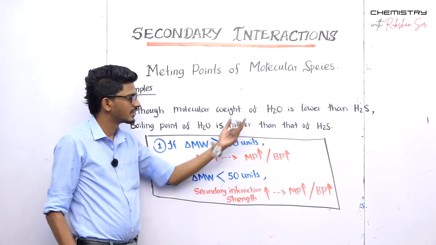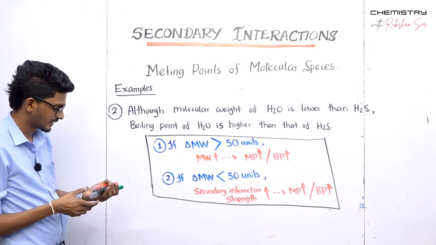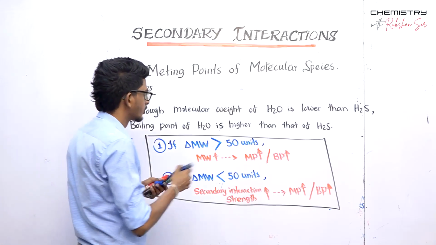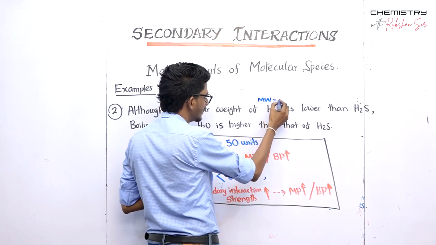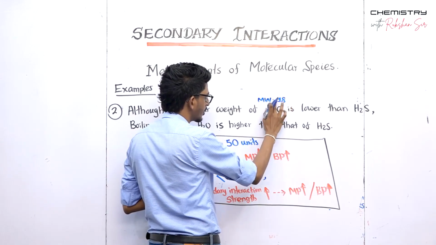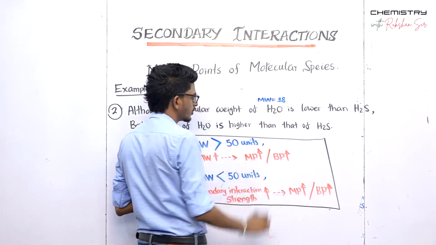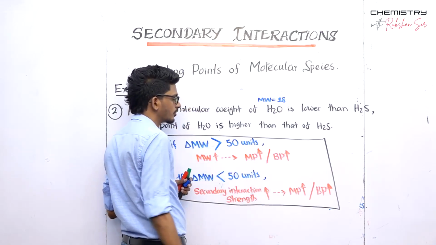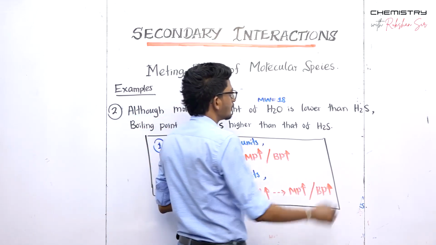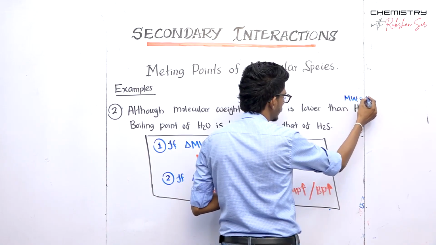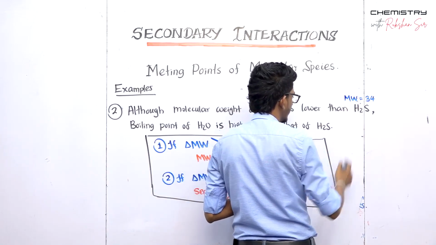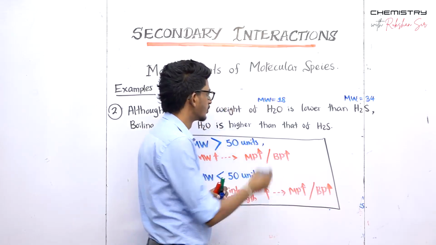When it comes to these two, the molecular weight of H2O is equal to 18: oxygen 16, hydrogen 1, two of those, 18. The molecular weight of H2S is equal to 34: sulfur is 32 and two hydrogens, so 34.